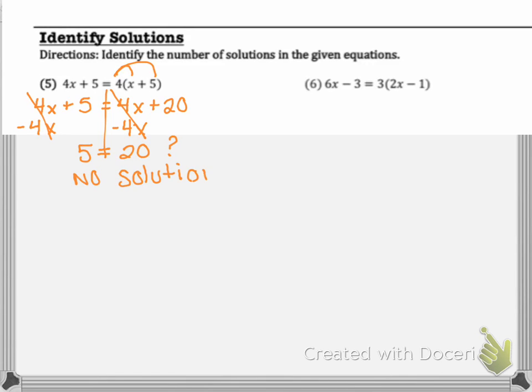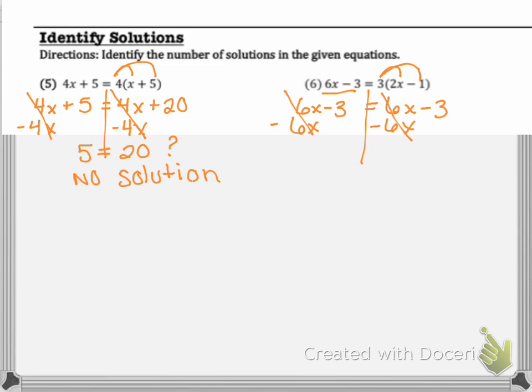make this equation true. And then in number 6, I would distribute this 3, and that would give me 6x minus 3. And then over here, I'd bring this down, 6x minus 3. And you might notice that they're the same on both sides, which is a hint to your solution type. But now I'm going to subtract 6x from both sides because I want my variables on one side.